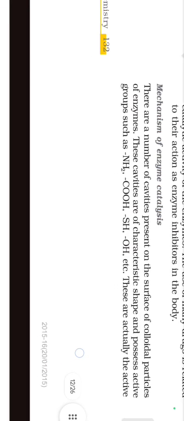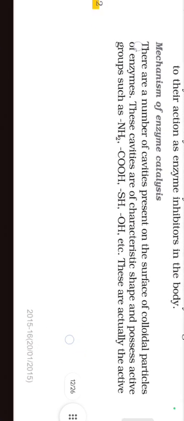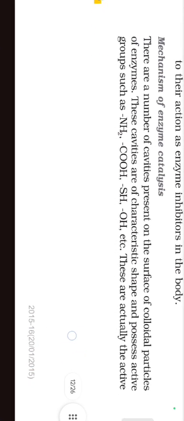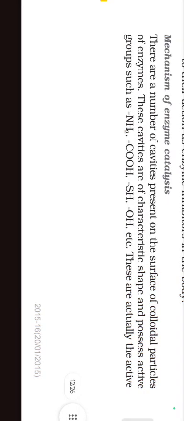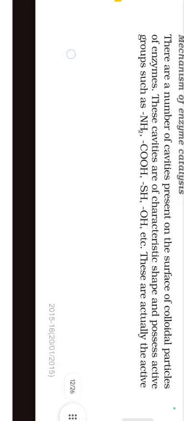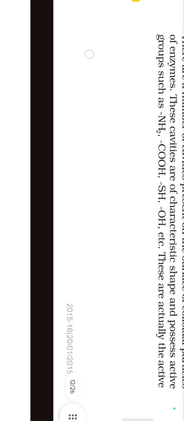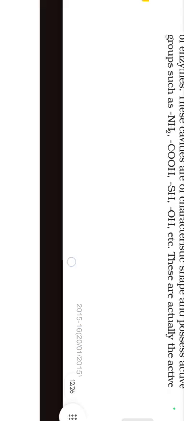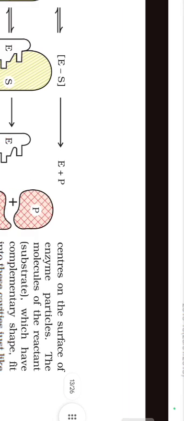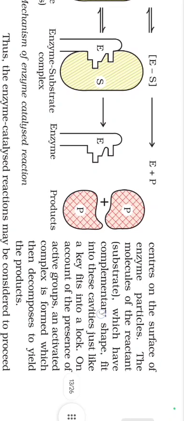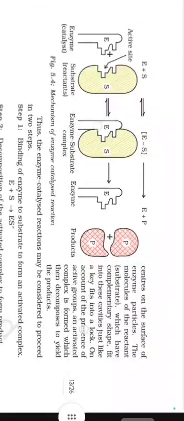Mechanism of enzyme catalysis. There are a number of cavities present on the surface of colloidal particles of enzymes. These cavities are of characteristic shape and possess active groups such as NH2, COOH, SH, OH, etc. These are actually the active centers on the surface of enzyme particles.